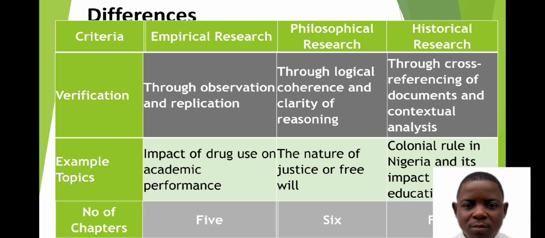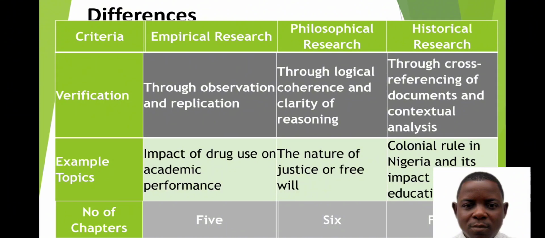That's a kind of philosophical research topic. Then an example of a historical research topic is something like colonial rule in Nigeria and its impact on education. You see, you are trying to look at the past to justify the present and the future.